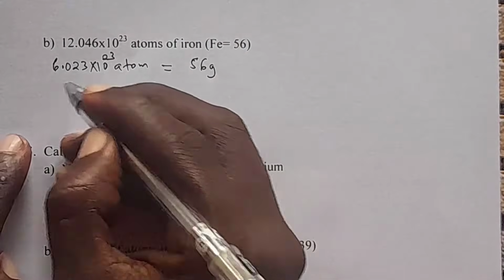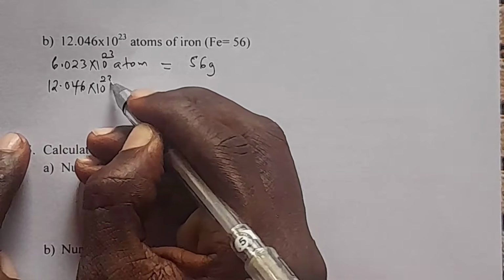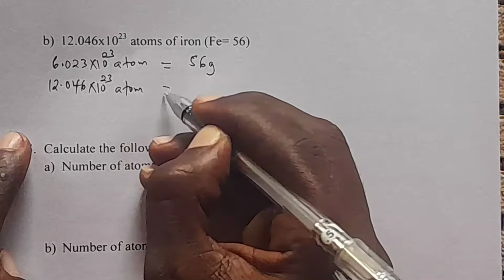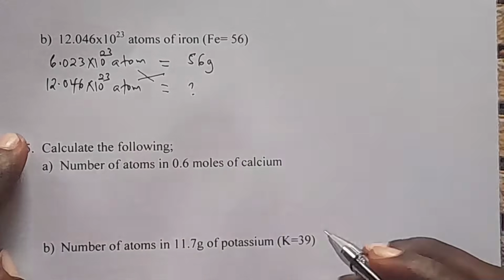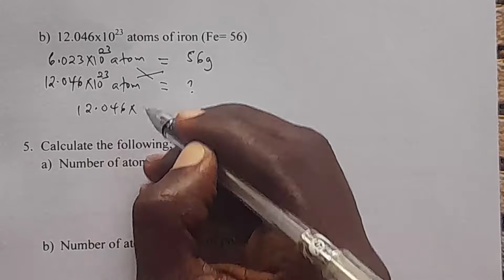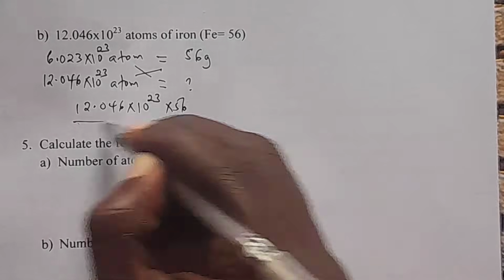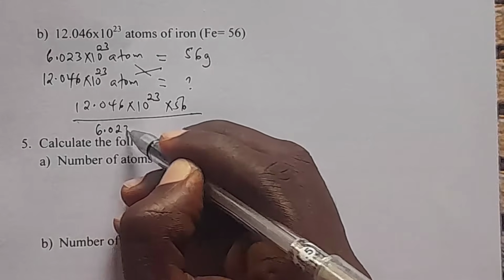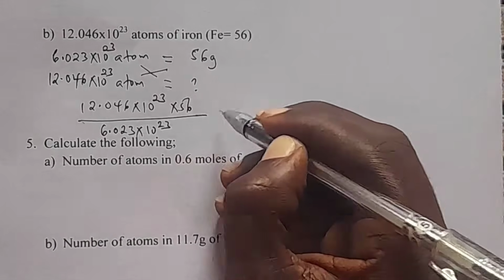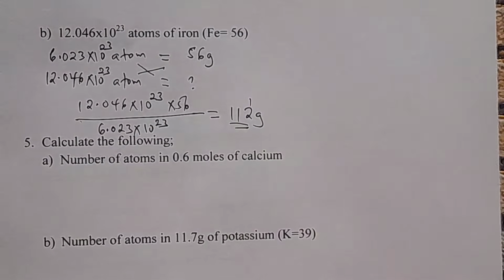So what about 12.046 times 10 power 23 atoms given? What mass of iron does it get? We cross multiply: 12.046 times 10 power 23 times 56 divided by 6.023 times 10 power 23. Here we are going to get 112 grams of iron.